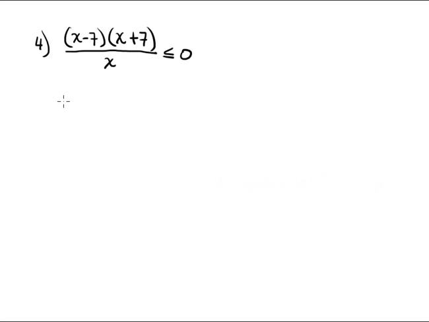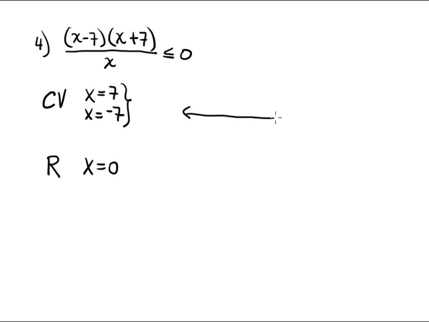Okay, this is the rational inequality. So we have critical value and restriction. Critical values are obvious, 7 and negative 7. And restriction is 0, because the 0 of the denominator.